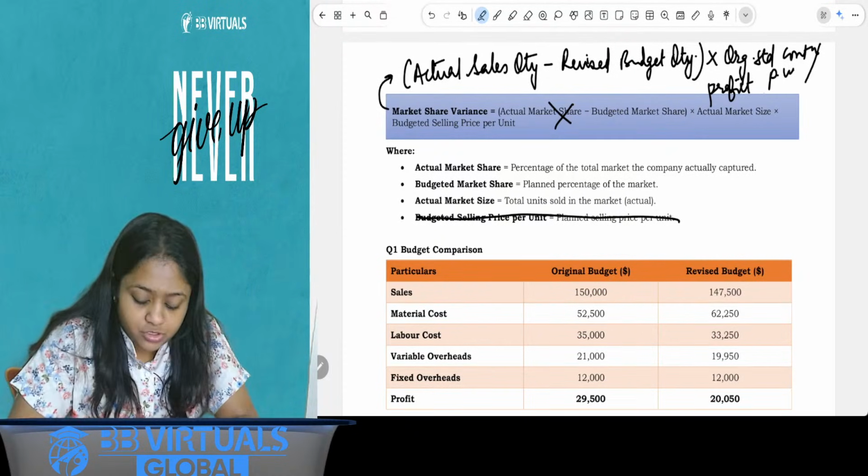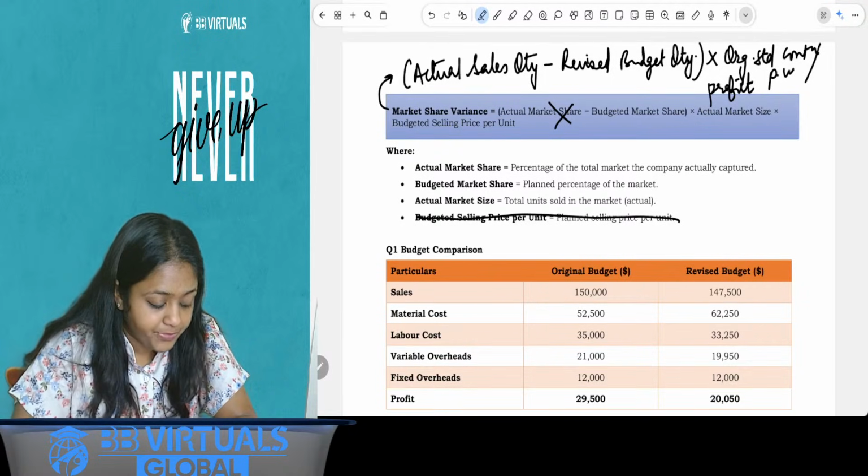Okay, original standard contribution or profit per unit, that you will do. Clear? Done? And you will get your variance.